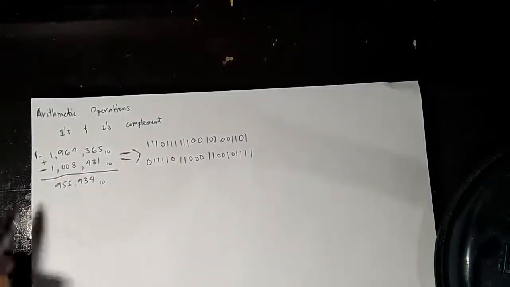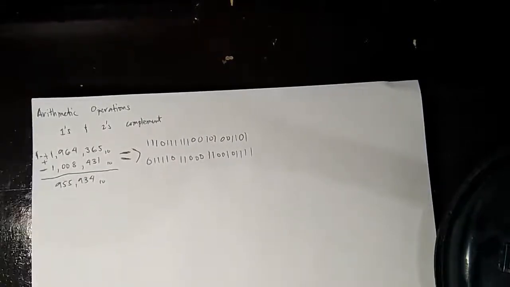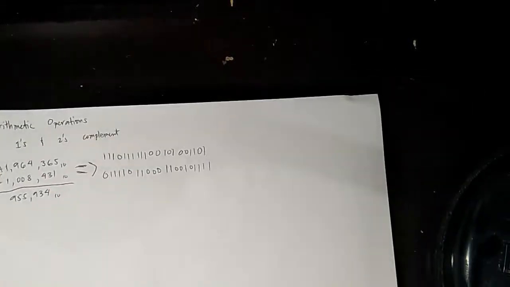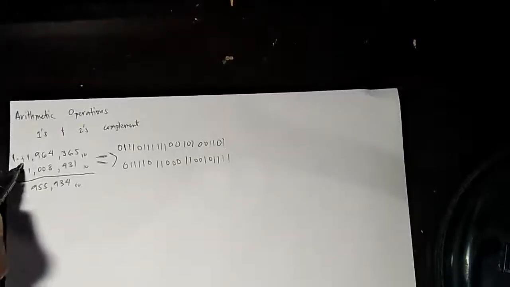Since this is a sign of a positive and this is a sign of a negative, we're going to assign a 0 for a positive sign and a 1 for a negative sign. So here we're just going to attach a 0, which stands for a positive sign, and here we're going to attach a 1.